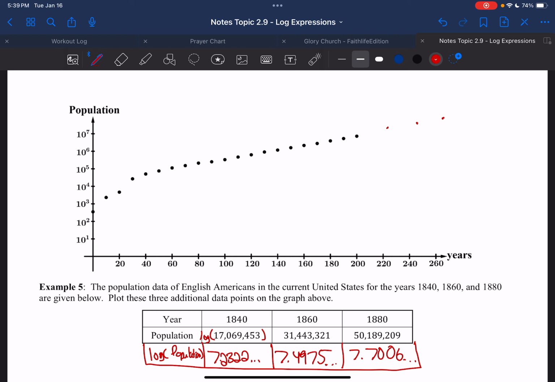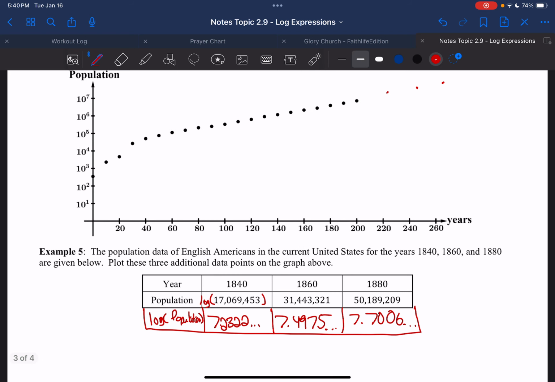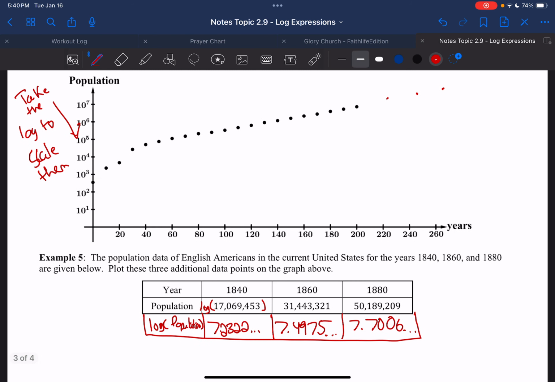But that allows you to scale them relative to each other. So what all of this is doing is you're taking the log to scale. And I'm using that 7 for log, like that 7.232, I'm going to 10 to the 7th, and that's telling me where to put it.